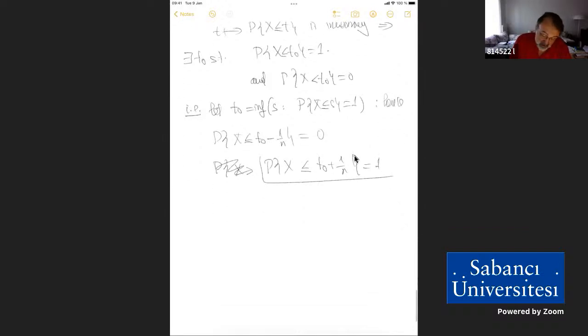Hence, this implies that the probability that X belongs to the interval t0 minus 1 over N, t0 plus 1 over N is equal to 1 for any positive N.